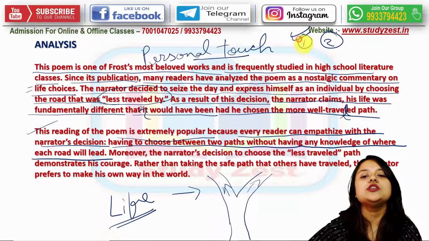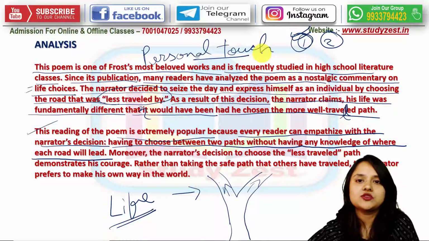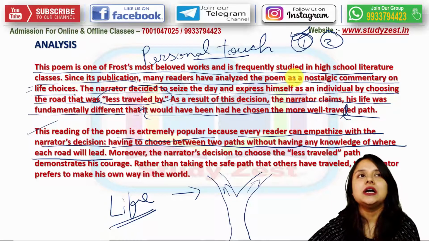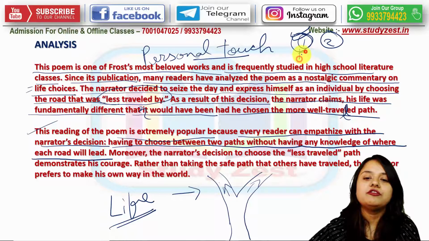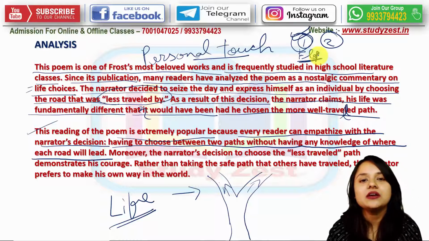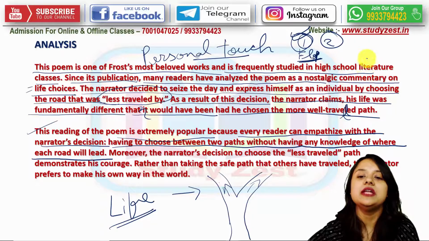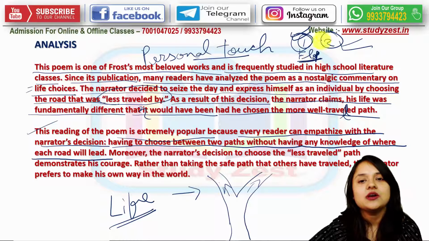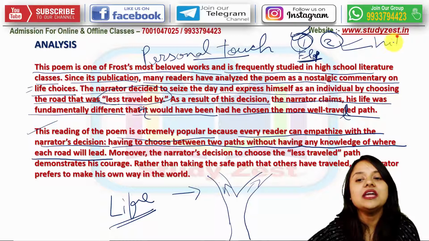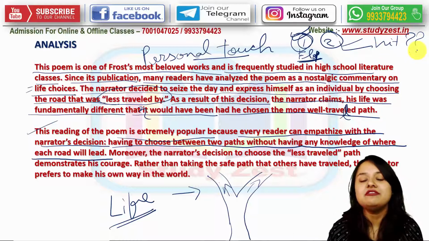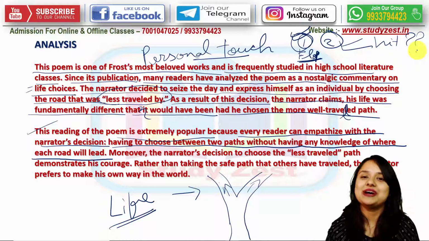So he chooses script number one. He makes a film on it, and then that film becomes a flop. Now constantly that actor will think, what would have happened if I had chosen the second script? Would it have been a hit? So this is the very fundamental example that I could come up with.